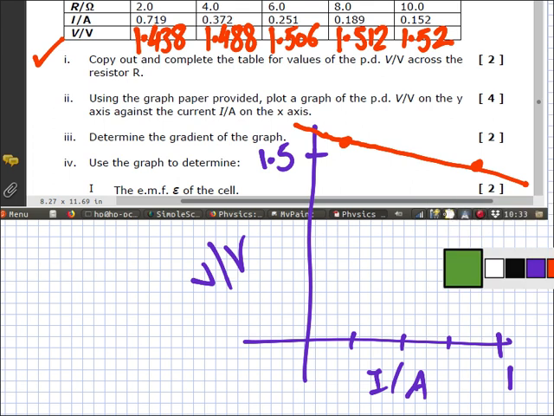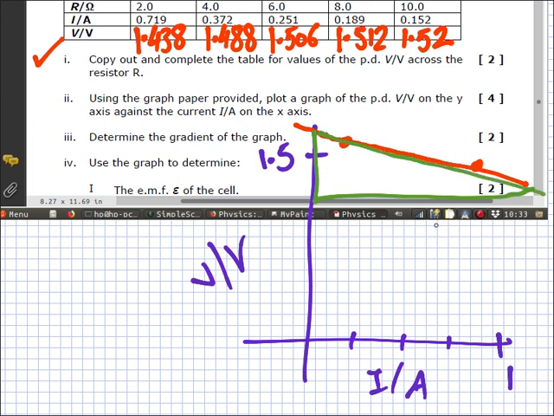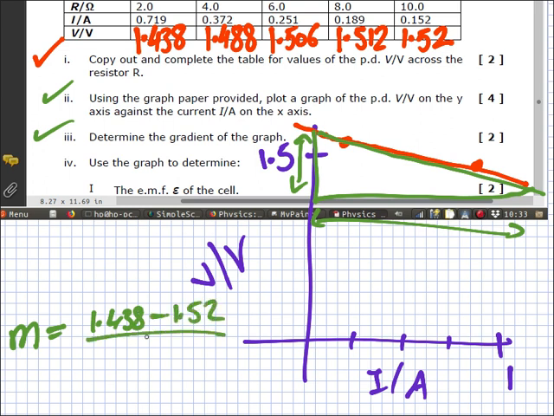Right, so in the exam when you have your graph paper, you are supposed to draw a big triangle here and calculate the slope. So you'd calculate this distance over this distance. So the slope would be 1.438 minus 1.52 over 0.719 minus 0.152.